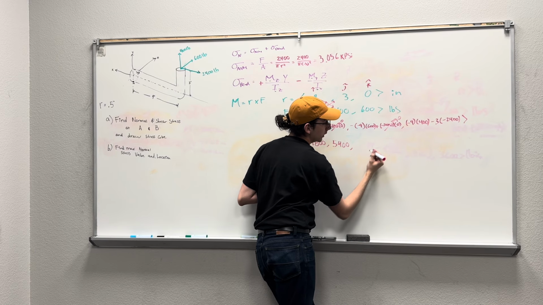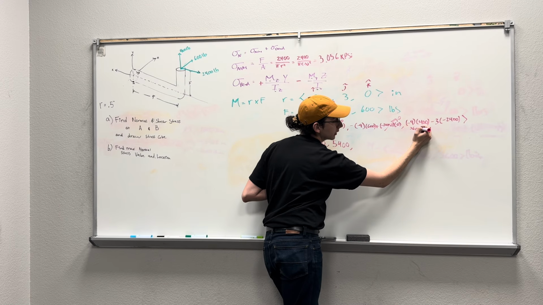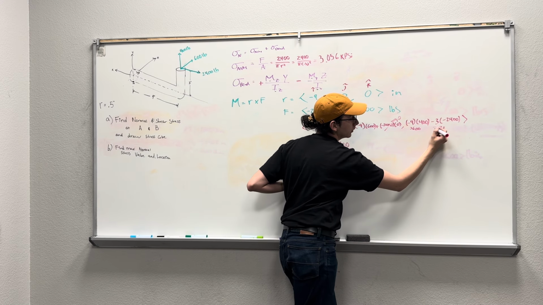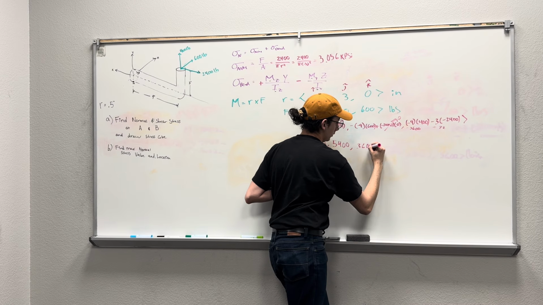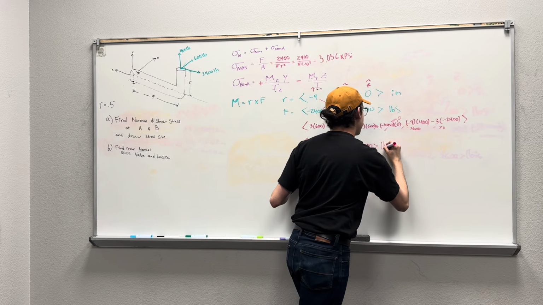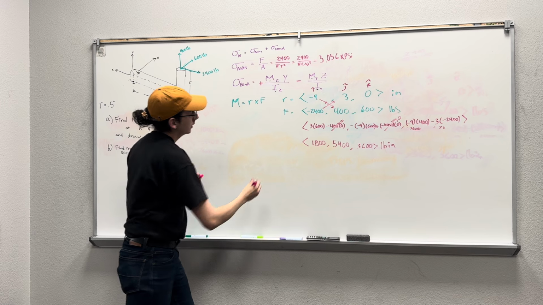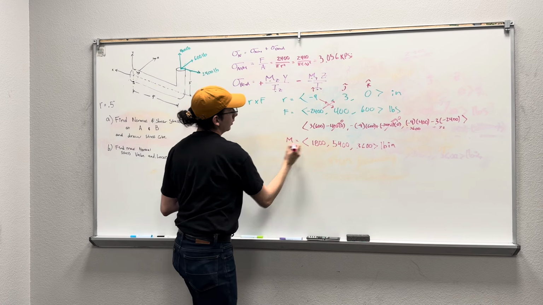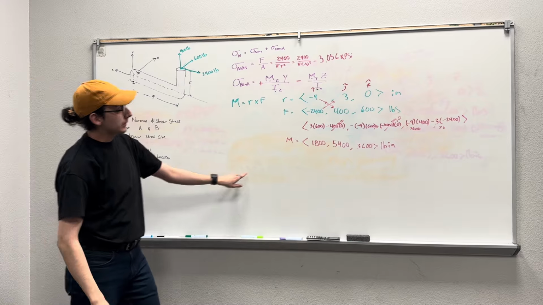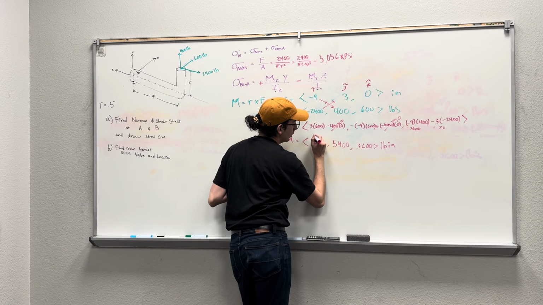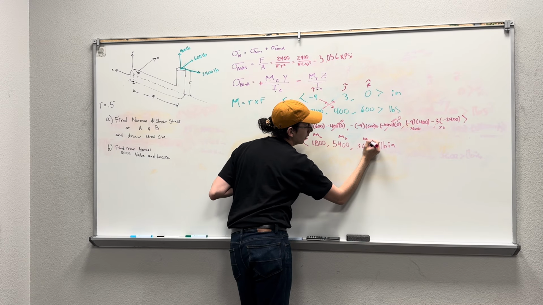And lastly, that is 36 and 72. This is positive, this is negative, and that's in pound-inches. Let's put those two together. Cool. So I was able to find my moment right there, which is great. This already breaks it apart into my Mx, My, and Mz.